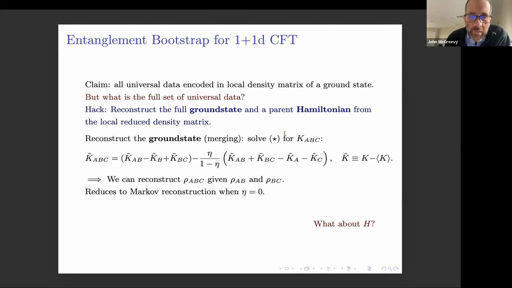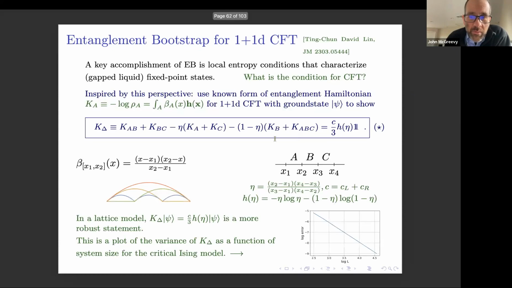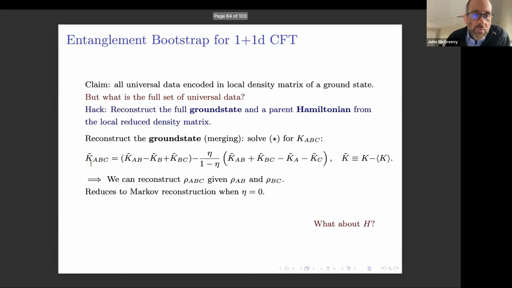Let's consider the operator equation for now, because I can solve this equation. So notice that this equation involves K_AB, K_BC, so it involves 2 site density matrices, 1 site density matrices, and this 3 site density matrix, the density matrix of the whole ABC. I can solve that equation for K_ABC in terms of 2 site and 1 site density matrices.